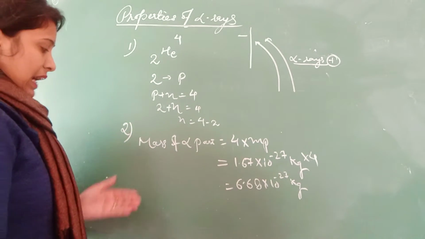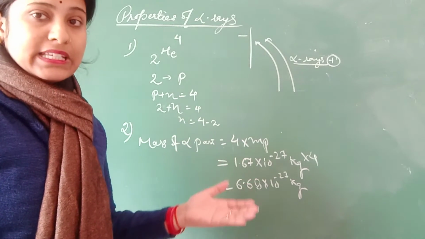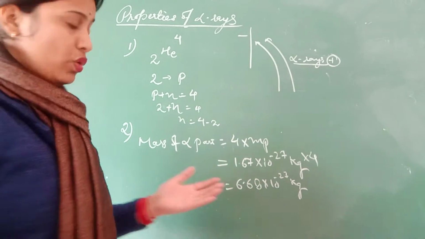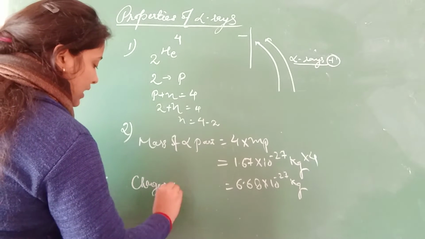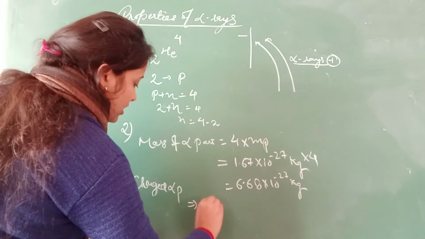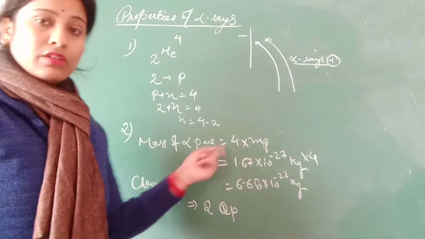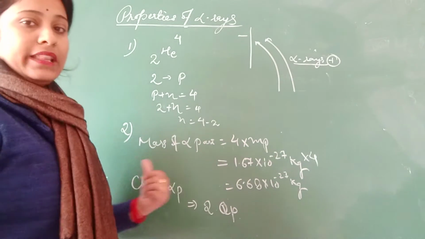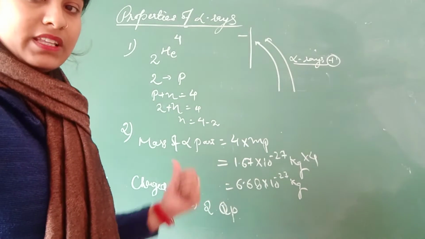We know that a proton carries a charge of 1.6 into 10 to the power minus 19 coulomb. So the charge carried by an alpha particle is just double the charge of a proton. The mass is 4 times that of a proton and the charge is 2 times that of a proton. I hope this is clear, the second property.